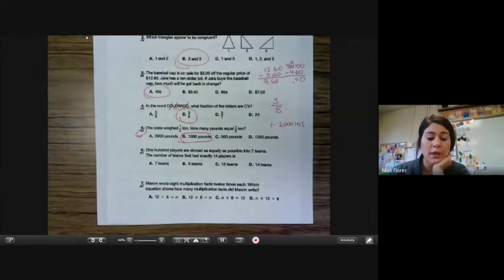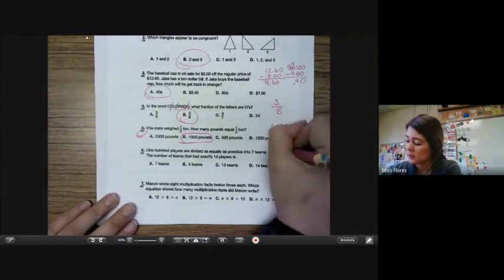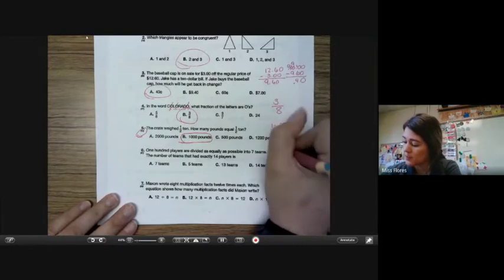Number 6, 100 players are divided as equally as possible into 7 teams. The number of teams that had exactly 14 players is, okay, so it's 100 players. And then we need to divide that by 7.